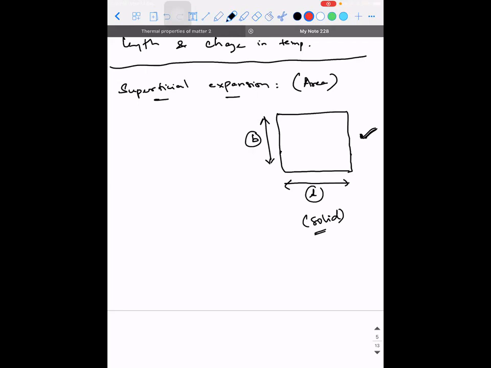Okay. So you have to tell like this, Rohan. You have to either say the sheet will expand or the area will increase. That's how you need to state. But my question is, why is the area increasing? How can we take the knowledge of previous topic into this? Both length and breadth increasing. Very good.